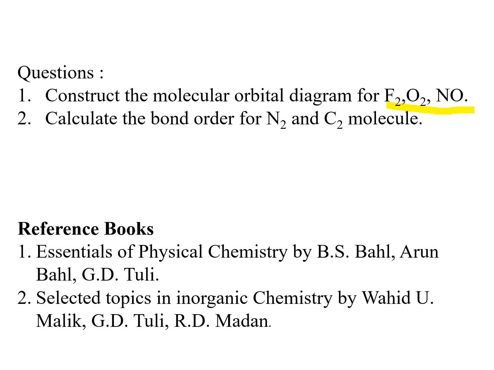I have also discussed the CO molecular orbital diagram, so you can try the NO molecule. Then also calculate the bond order for the N2 and C2 molecules using the formula 1/2 (Nb minus Na).